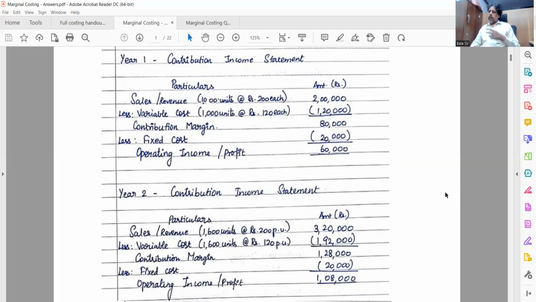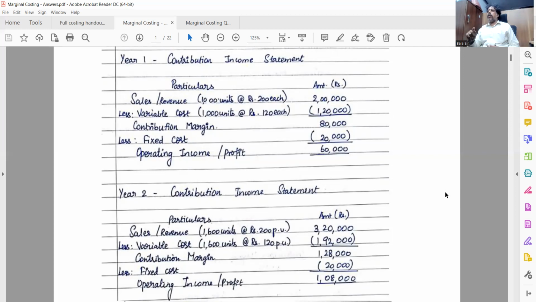Now listen. 1,000 units are sold in year 1, assumed, at rupees 200 as the selling price per unit. And you should know by now that sales are nothing but P into Q, that is the selling price per unit into the quantity.